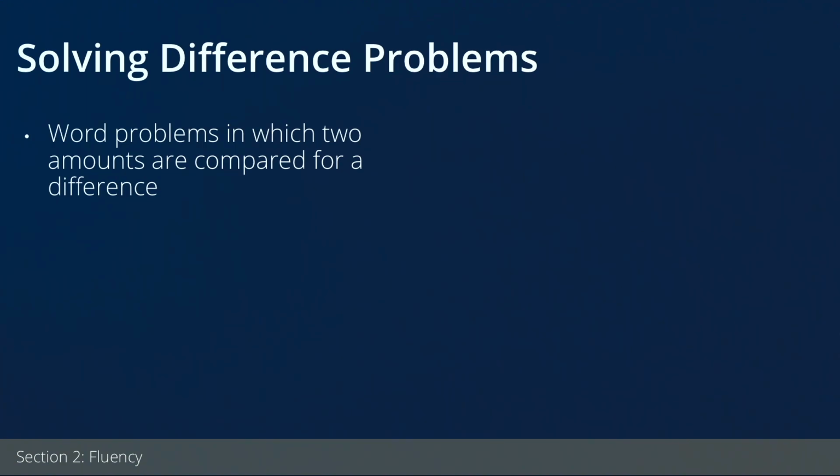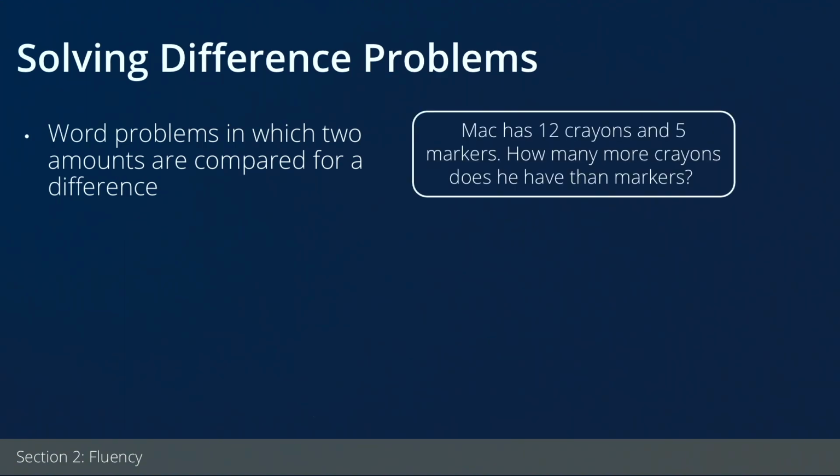The other thing you want to think about with comparison is how this directly ties into word problem solving. There are word problems called difference problems, and in these difference problems, we have amounts that are compared for a difference. For example, Mac has 12 crayons and 5 markers. How many more crayons does he have than markers? Here, we are comparing the crayons to the markers. So what we want to do is explicitly teach some of the relational vocabulary.